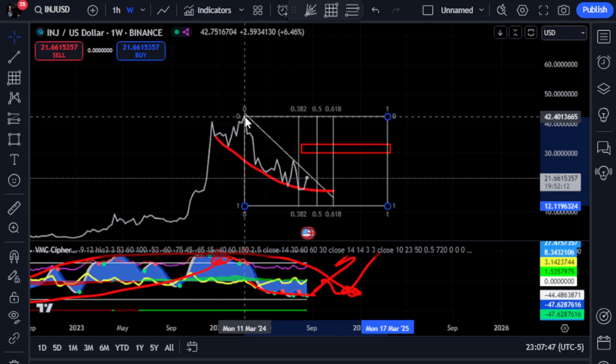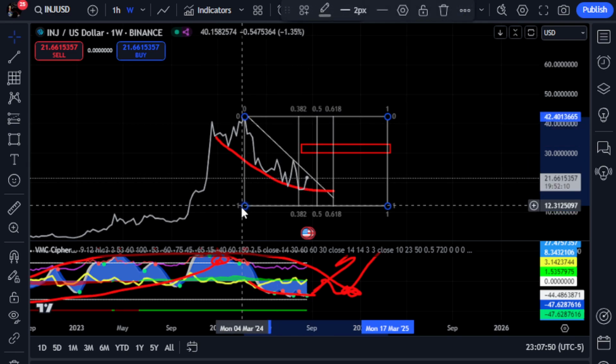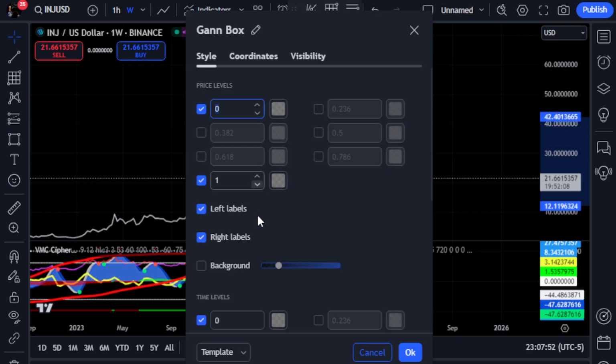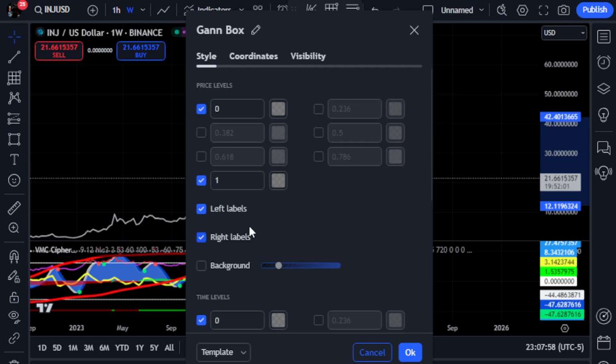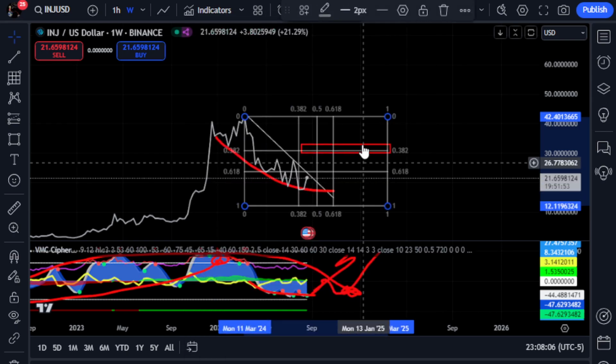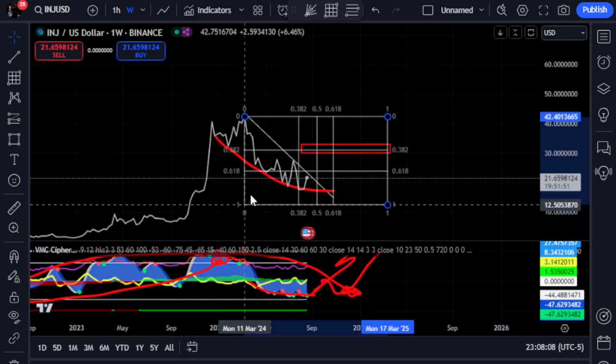But I don't have the price levels on here, so let's take that Gann box price target around $48, which is a front run of a major psychological level of $50. Let's throw on the 382 and the 618. So what we're looking for is a proportional relationship to the price action that exists.